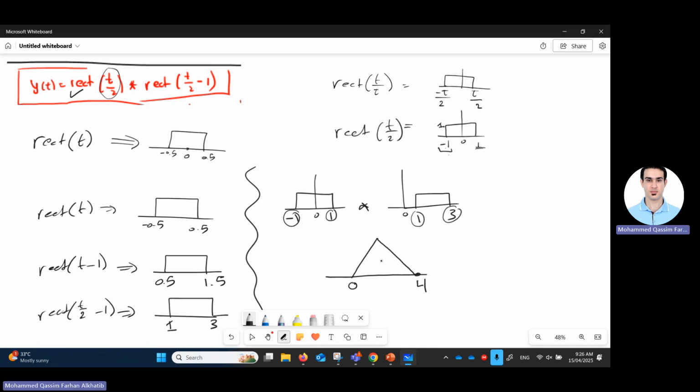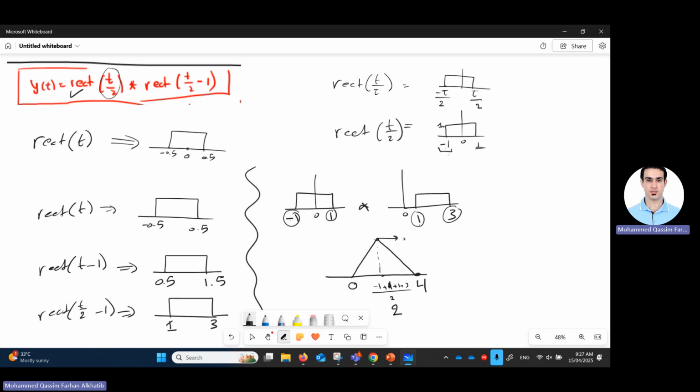This point here is negative 1 plus 1 plus 1 plus 3, over 2. So it's going to be 2.